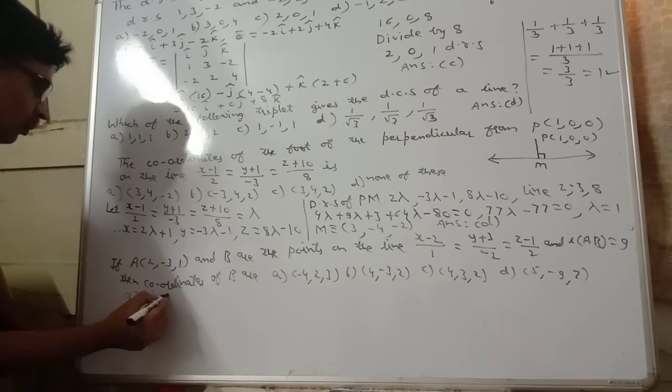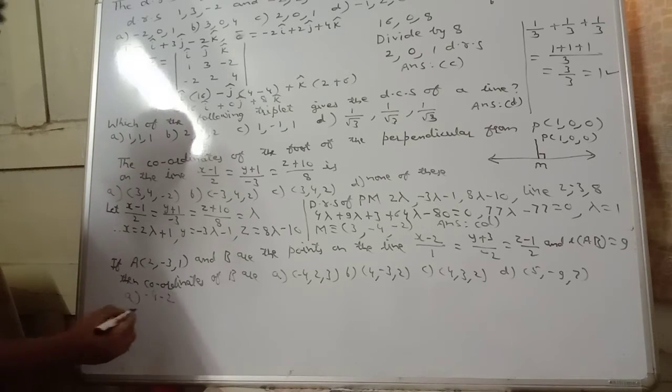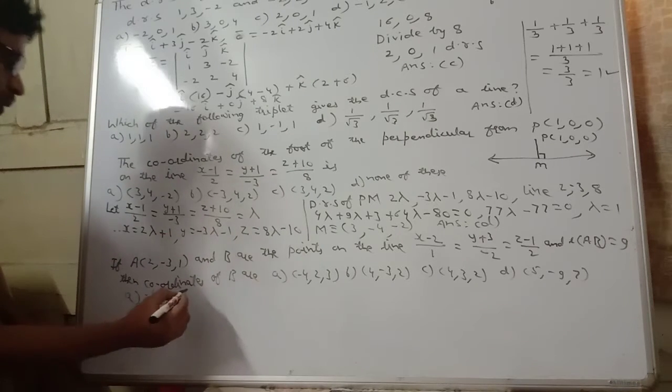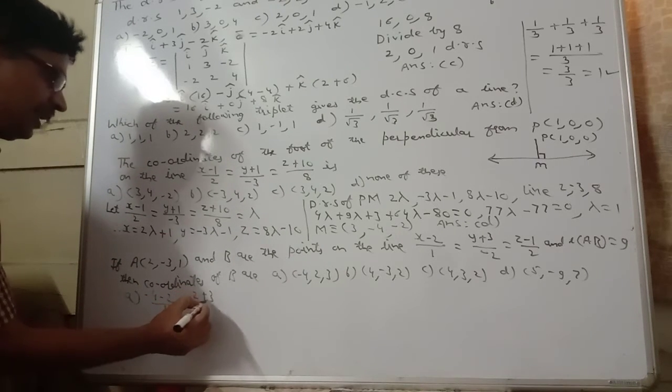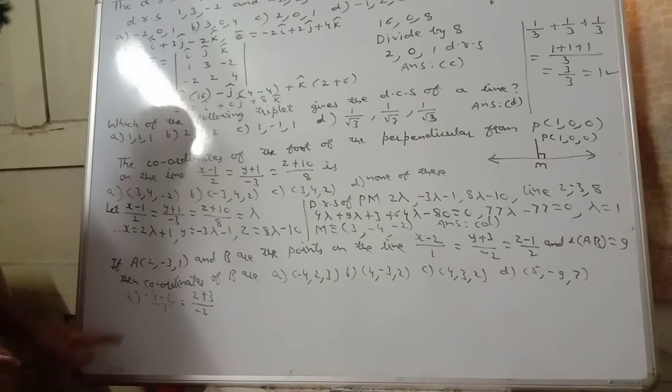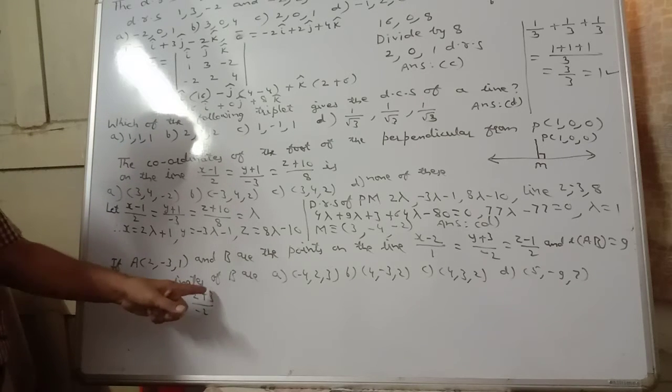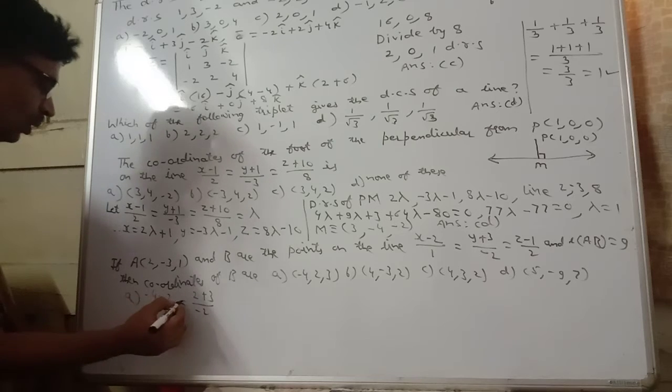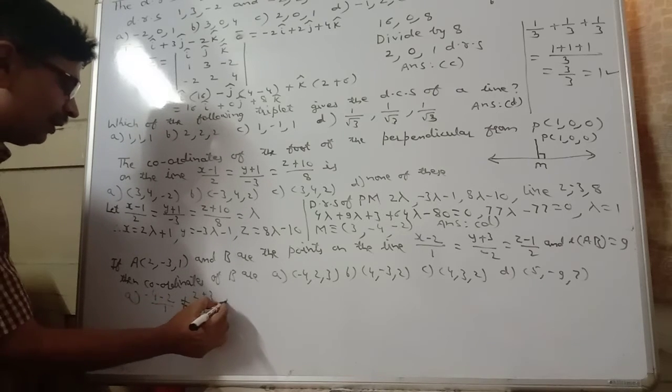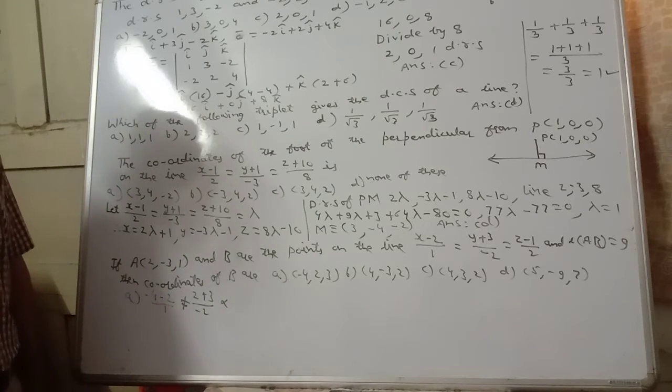Minus 4 minus 2 upon 1. y is 2. 2 plus 3 upon minus 2. This is minus 6. Minus 5 by 2. They are not equal. It means that option A is not correct.